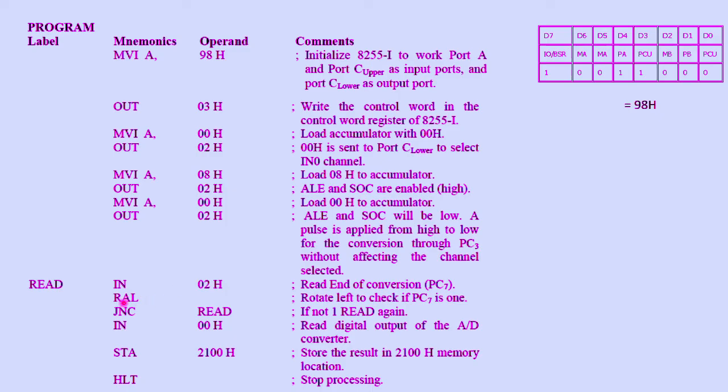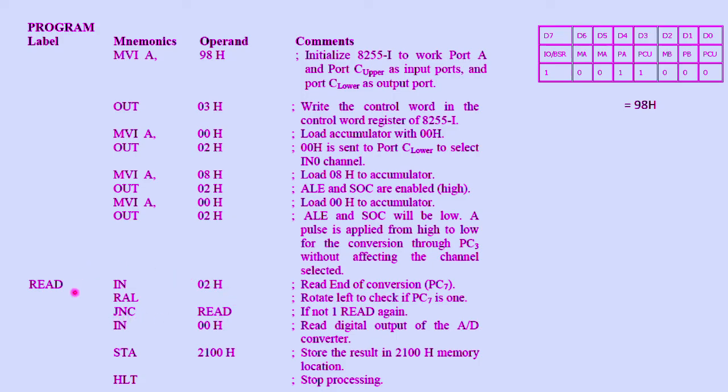RAL will rotate it to the left with carry, so the PC7, which is 1, will be copied into the carry.